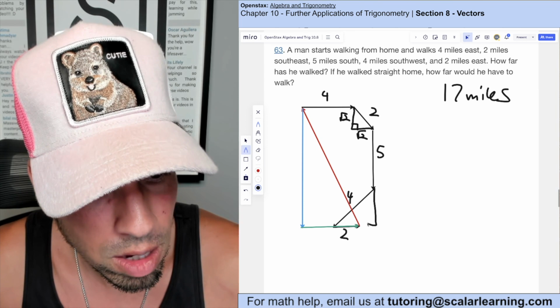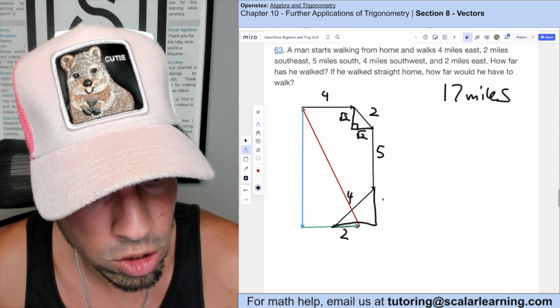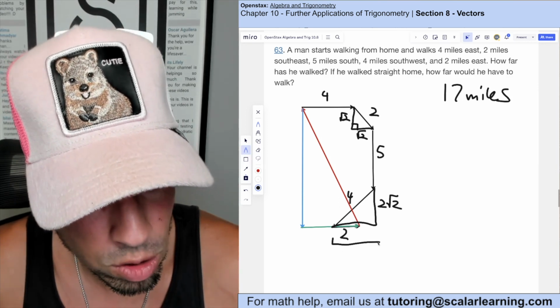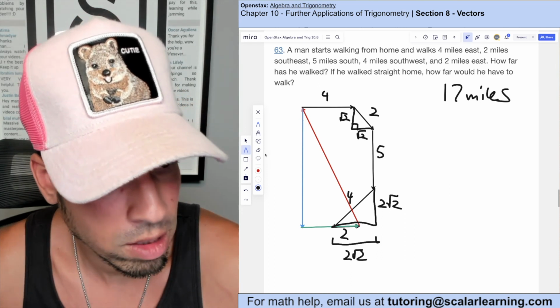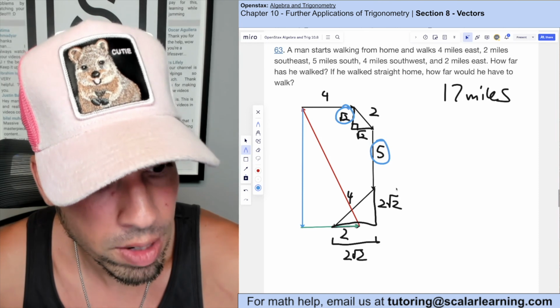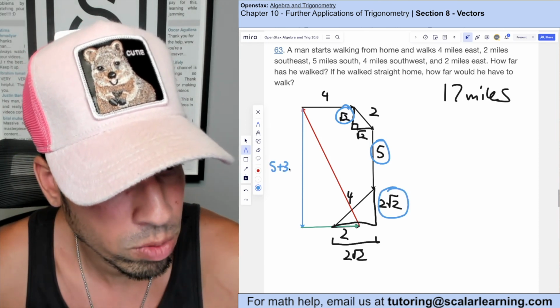Likewise, this is another nice little 45, 45, 90, which means 4 divided by rad 2 gives a side length of 2 rad 2 here, as well as here, 2 rad 2. Now I have enough information to find the length of this blue side, because I'm going to add up rad 2, 5, and 2 rad 2, which gives me 5 plus 3 rad 2.